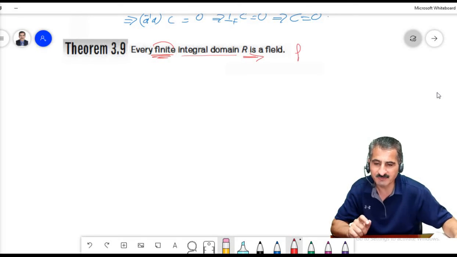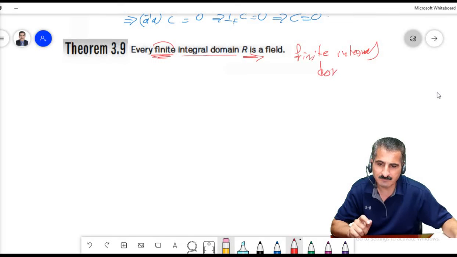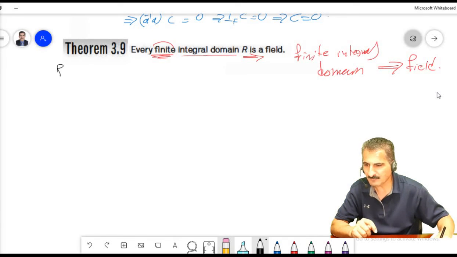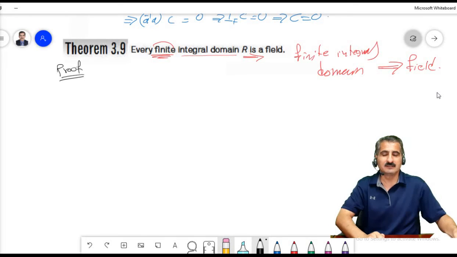So let me emphasize that: a finite integral domain gives a field. Okay? So let's prove that. How do we prove it?